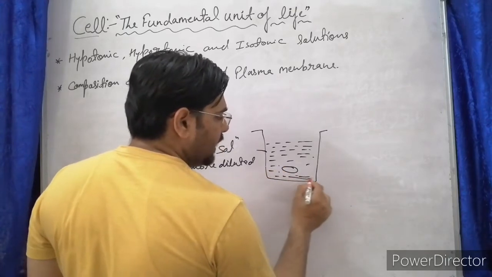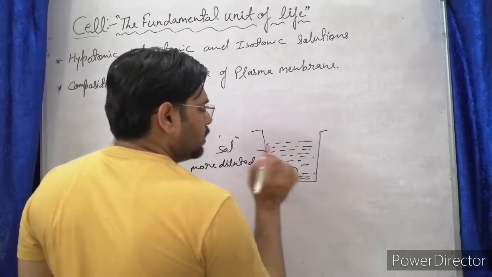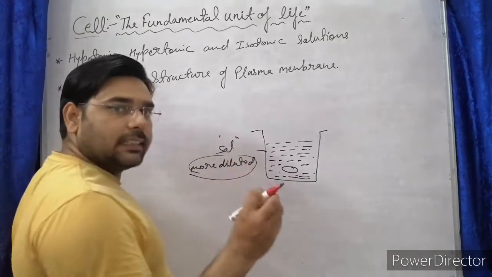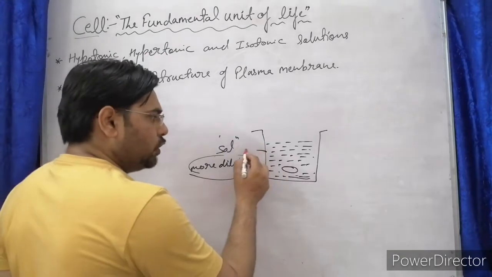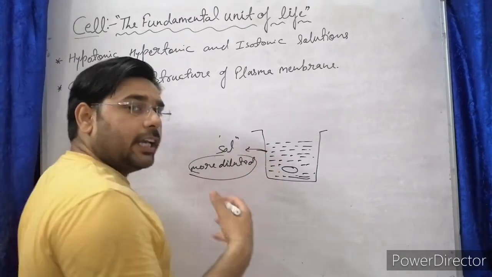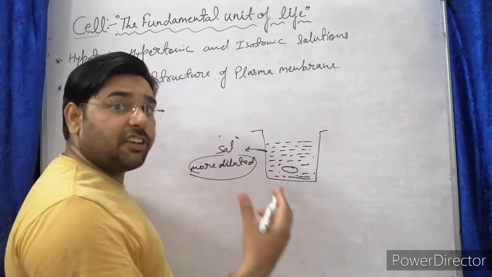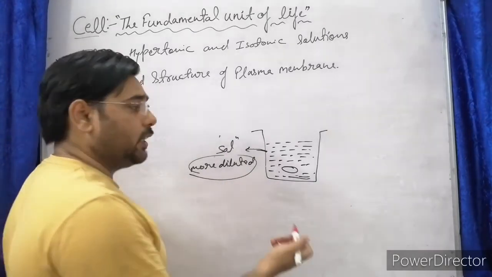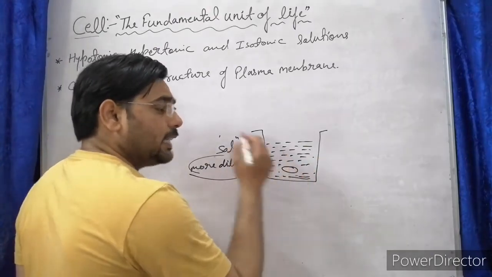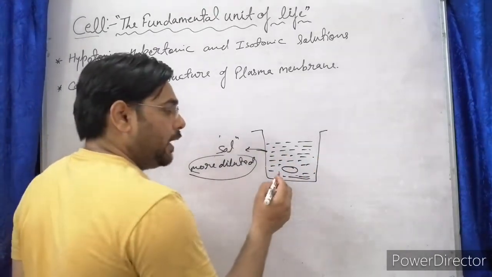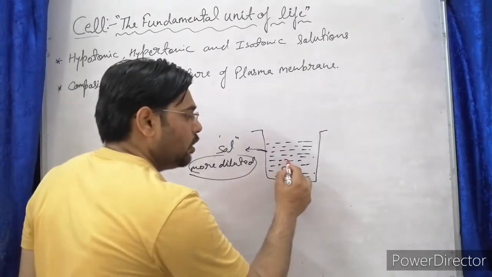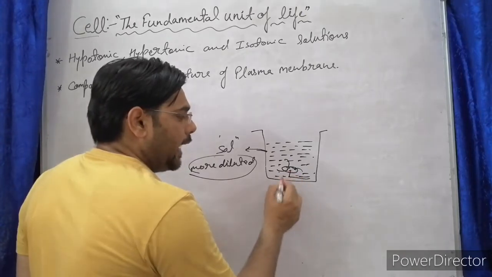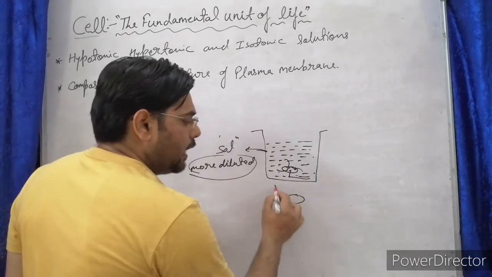If the solution is more diluted, it means the concentration of water in the solution is more. The concentration means amount. So the concentration of water is more in the solution as compared to the cell. Then what happens? According to the concentration gradient, water goes into the cell from the surrounding and the cell will ultimately swell.